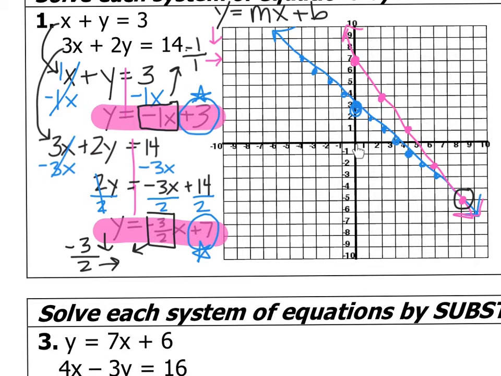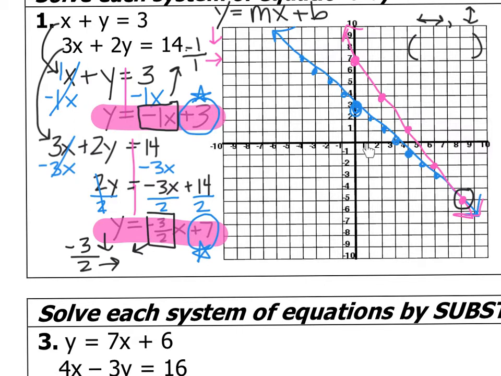I start at my origin, and remember that your coordinate pair, your x and y, the first number tells you where to go left or right from the origin, and the second number tells you how far up or down to go from the origin. So I start here and I make my way over.